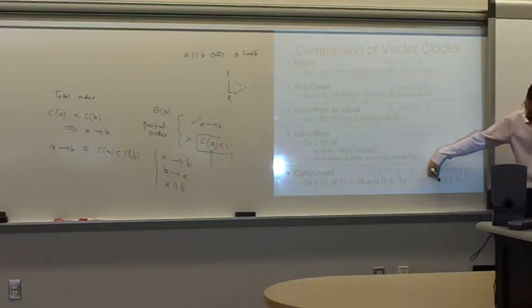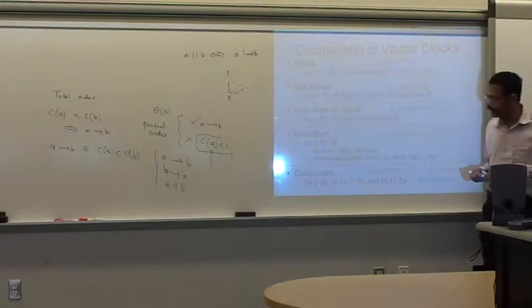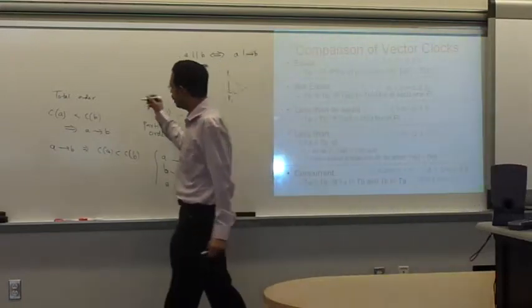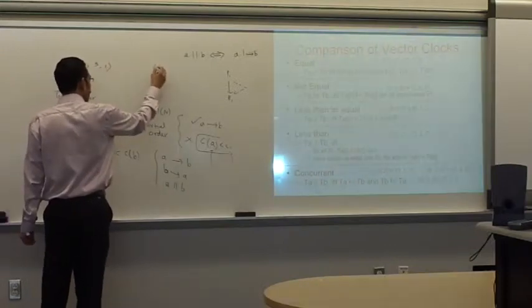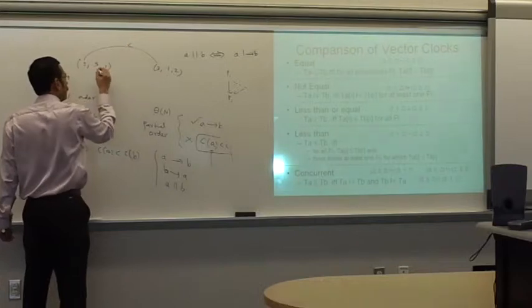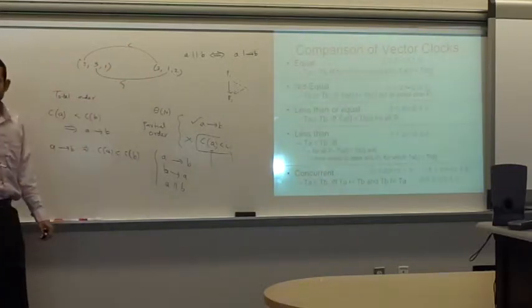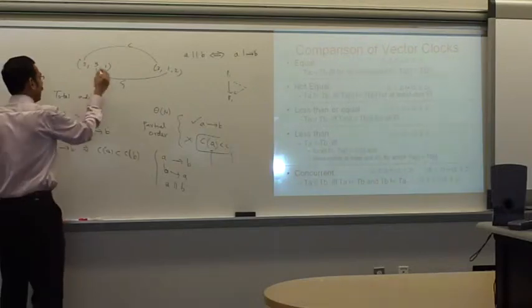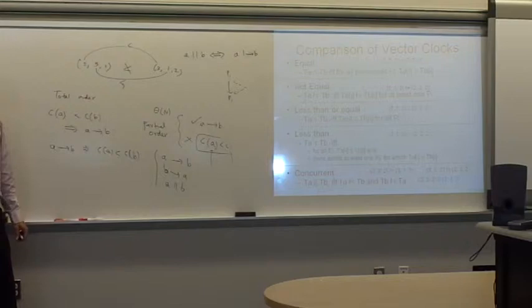For example, you see just two events, the plots 2, 3, 1 and 3, 1, 2. If you compare them, can you say the first one is less than the second one? You have 2, 3, 1 and 3, 1, 2, right? 2 is less than 3, but what about this? Is 3 less than 1? No. So we cannot say 2, 3, 1 is less than 3, 1, 2, right?